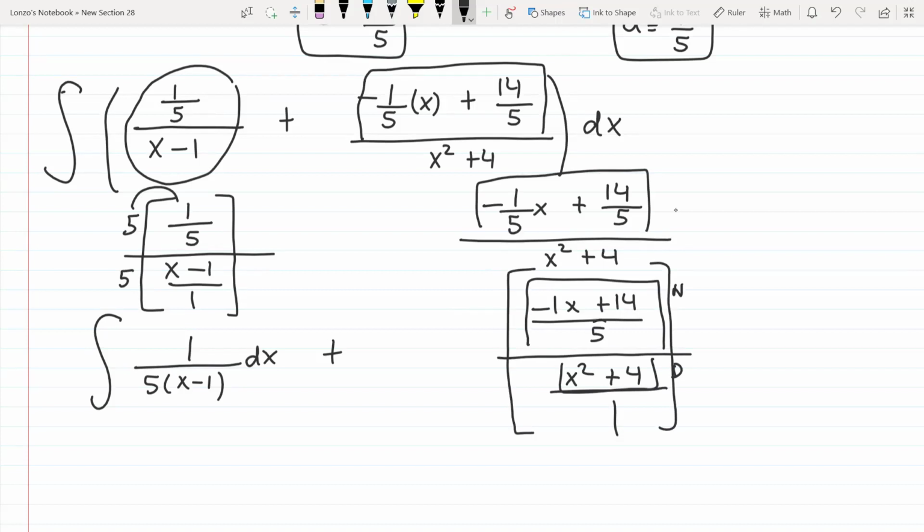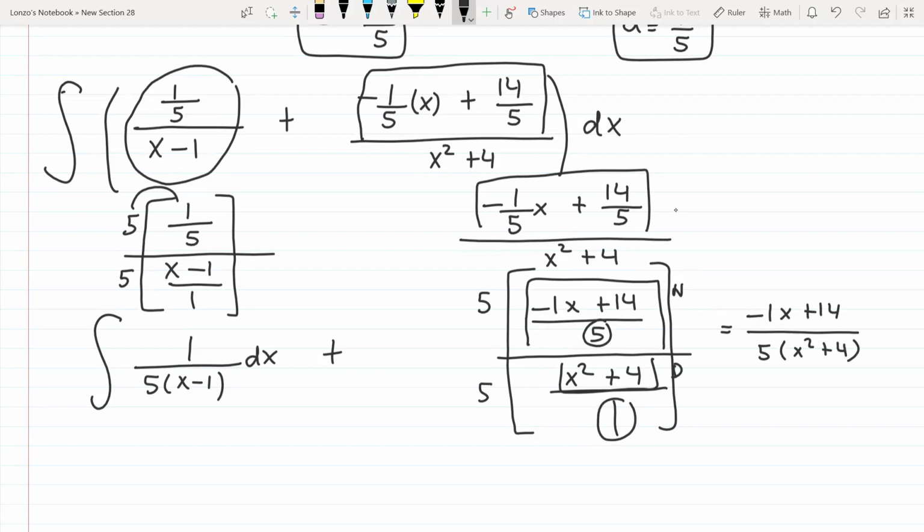So over here, this denominator has a 5. Over here, this denominator has a 1, so the LCD would be 5. So you're going to multiply both numerator and denominator by 5. So 5 times this, the 5's cancel, so you're just left with negative 1x plus 14. And then on the bottom, it's 5 times that.